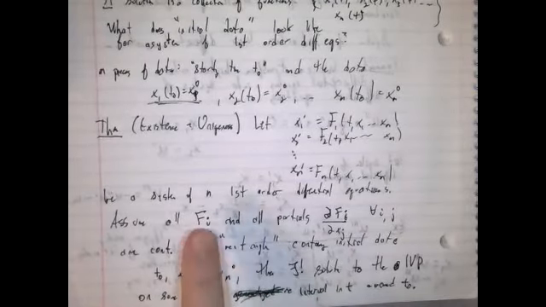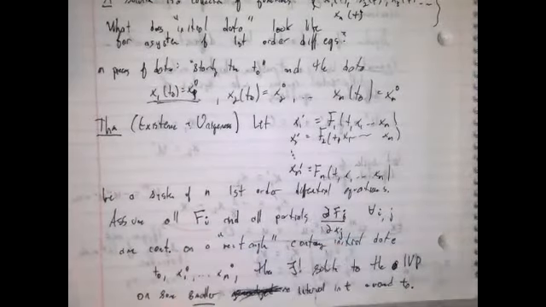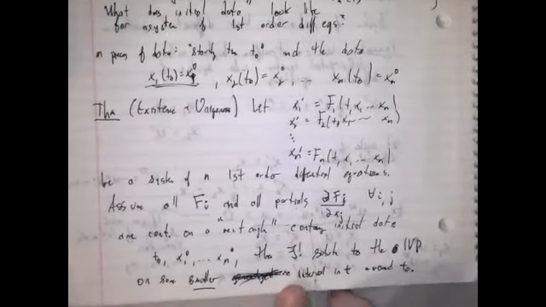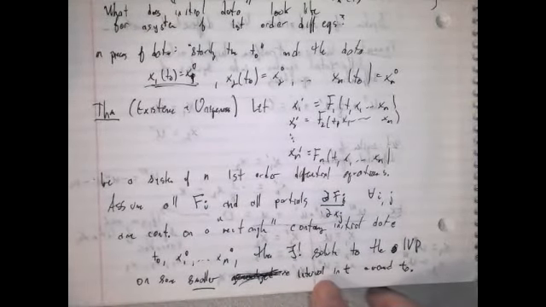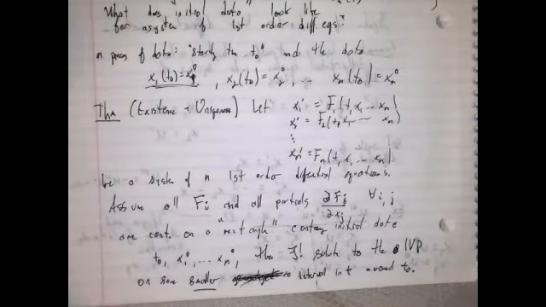First of all, we had to check both the functions and the partials. And once we had done that, we only got existence and uniqueness on a small interval around t0. You're only guaranteed it on some small interval around t0.